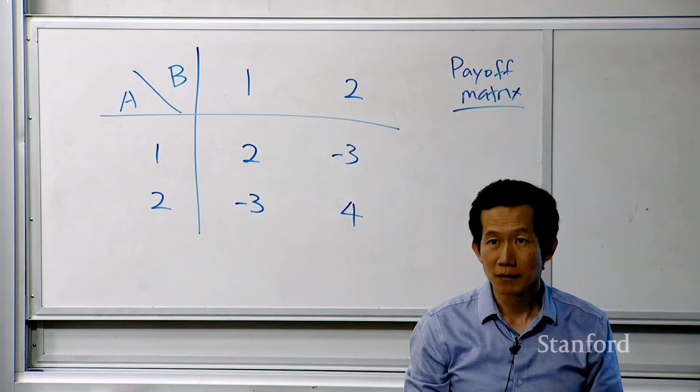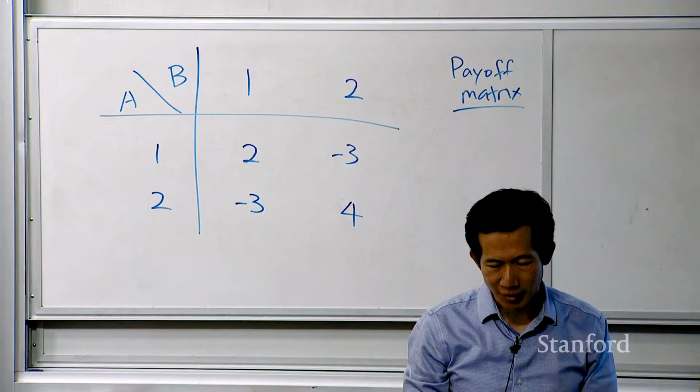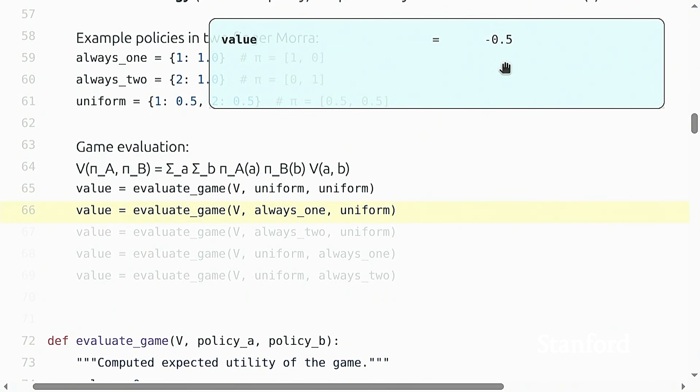Okay, so hopefully game evaluation is clear, and just to build some intuition, it makes sense that, for example, player 1 wants to play 2 more, and if B is playing uniform, which is a sort of generic strategy, you can kind of get away with playing 2 and getting some value.